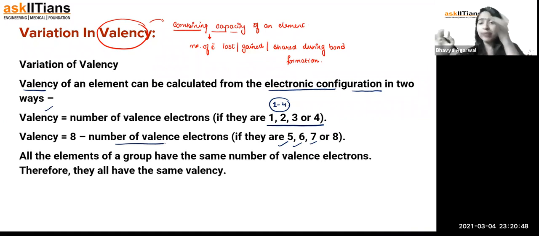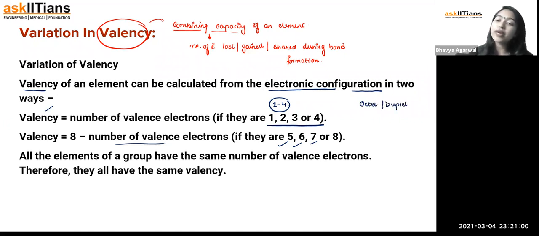And the reason was simple, which you've done last year, because every atom wants to complete its octet, or duplet. Duplet means 2 electrons in the outermost shell, octet means 8 electrons in the outermost shell.